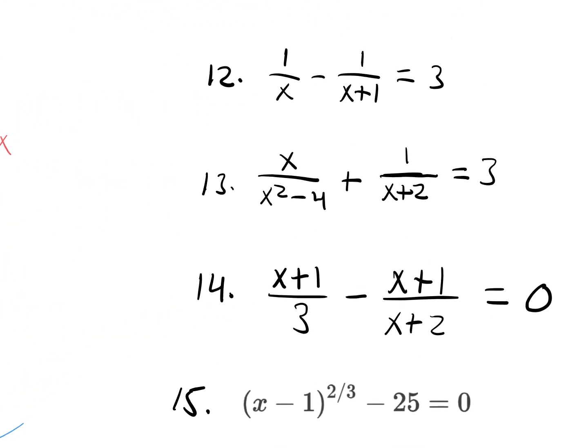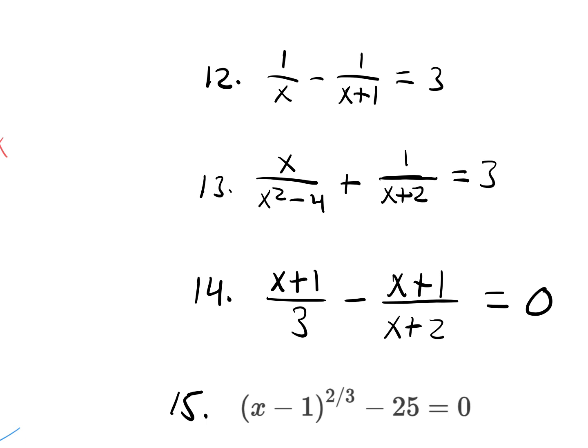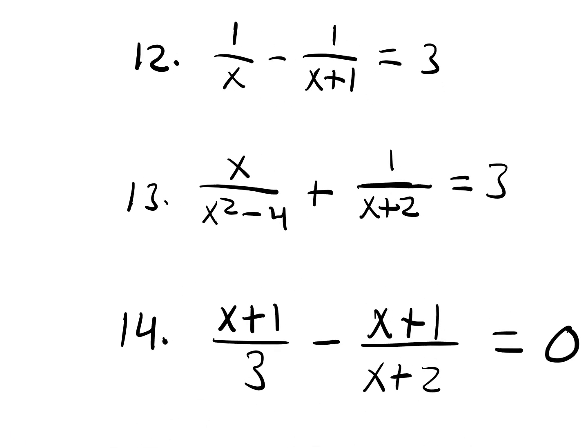Now, for instance, something like number 13. I won't finish this with you guys, but before we start multiplying by the denominator, what do we want to make sure we do to all of the denominators? Make sure that they are what? What can we do to this x squared minus 4?